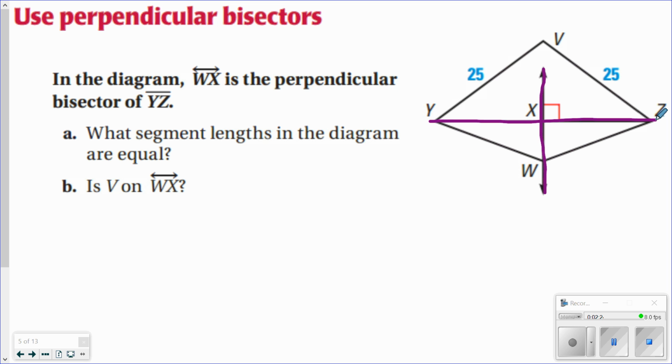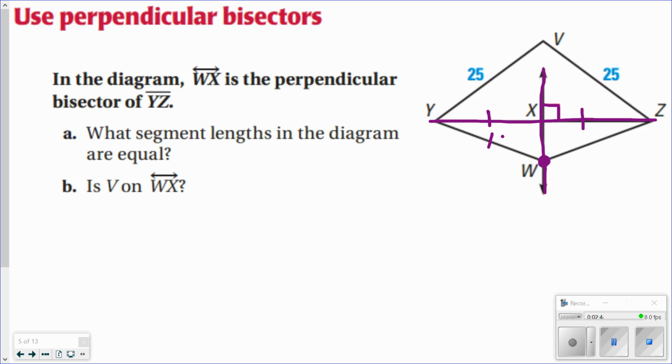So being a perpendicular bisector means that it cuts YZ in half. So this segment is congruent to this segment at a 90 degree angle. All right, which means W is going to be equidistant from point Y and point Z.